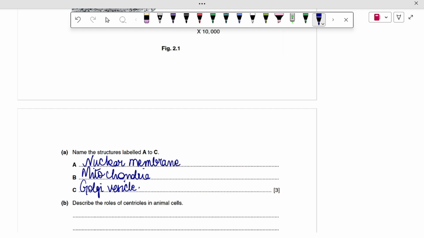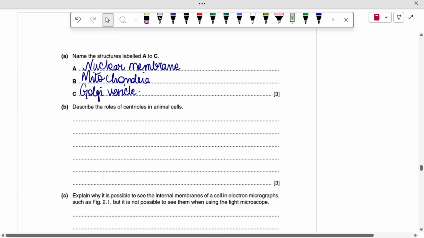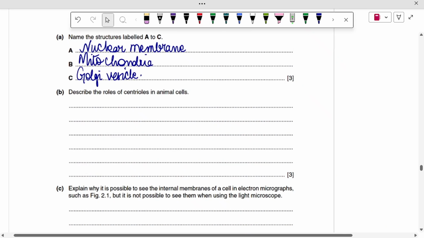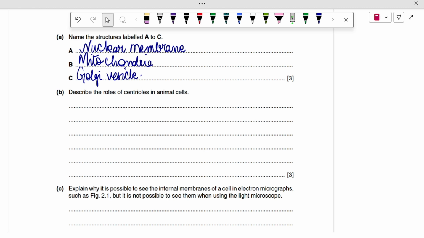Here we need to describe the role of centrioles in animal cell. So जब आपका cell mitosis undergo कर रहा होता है, इसमें help करता है. It basically replicates during each cell division के process, each cell division का cycle. And what it will do, it will move to the opposite pole.